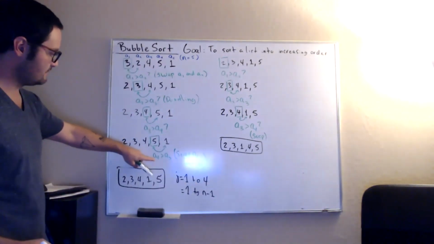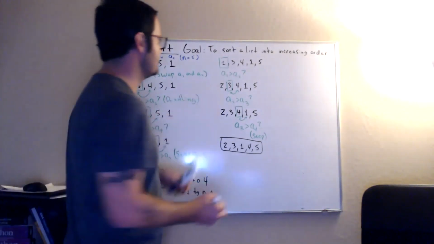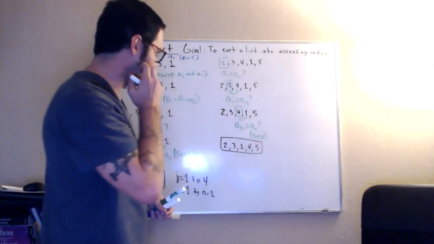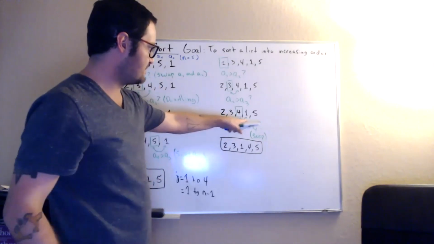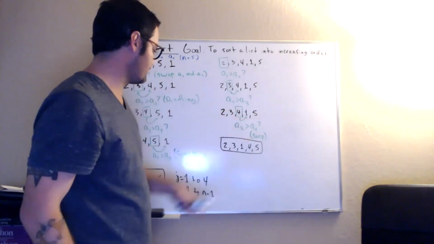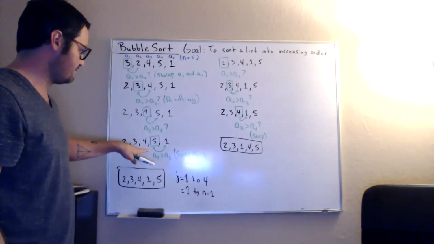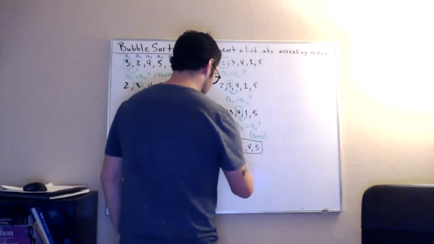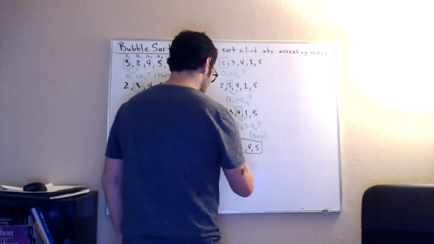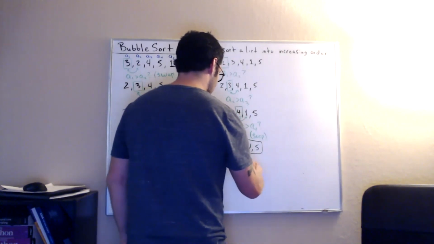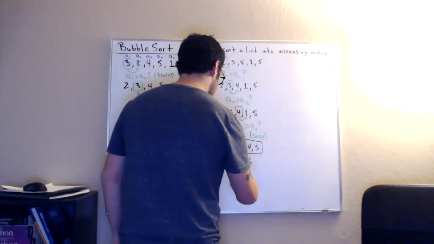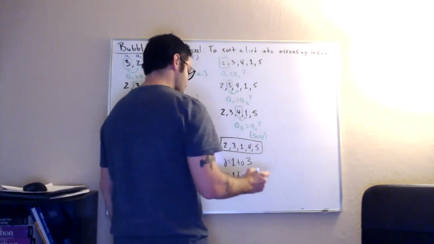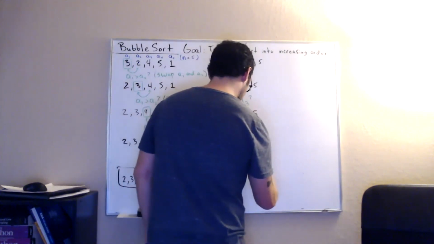So we went up to 4 here. And then here we started at the 1 index and we went up to comparing A3 with A4. Here we went to A4 to A5. So now we're comparing A3 to A4 here. So it's looking like 1, 2, n minus 2.